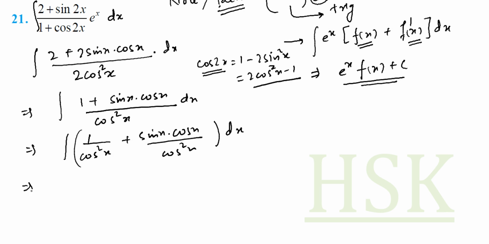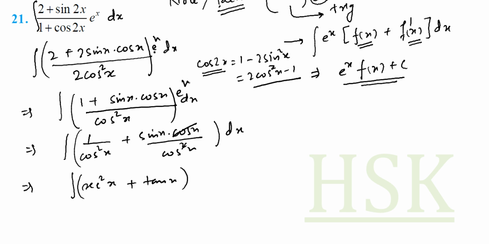So 1 upon cos square x will become sec square x. Cos x, this power is going to cancel out, so I am going to get tan x. And this e to the power of x is going to remain as it is, multiplying here.